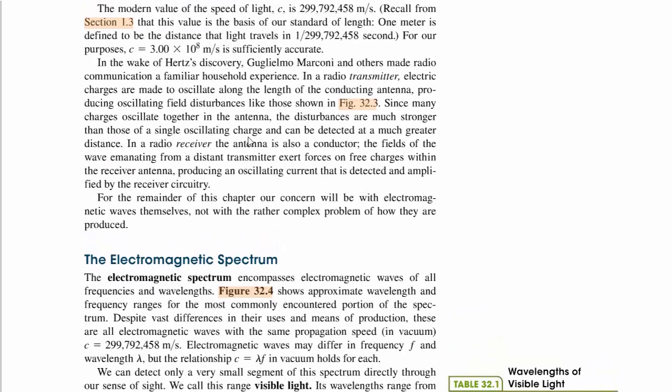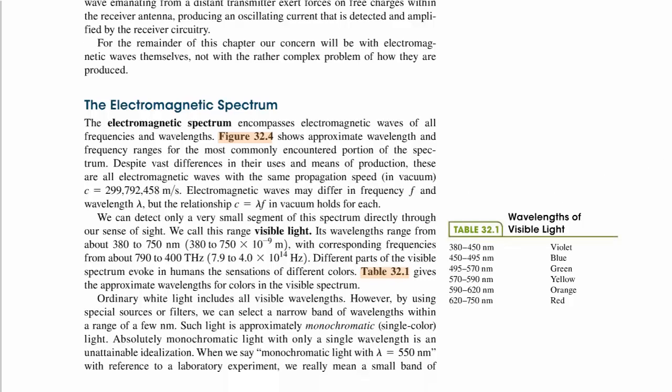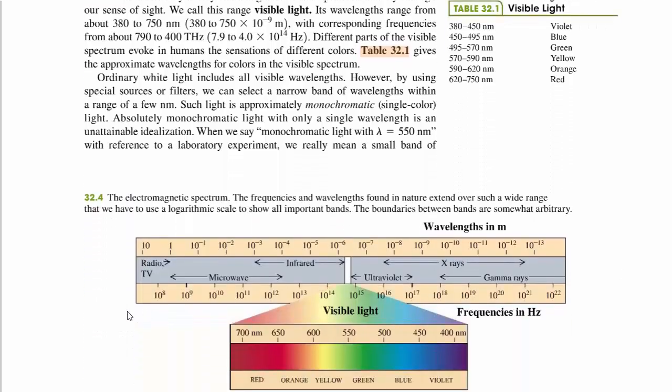Electromagnetic radiation is a wave, and therefore it looks like all waves: they have wavelength and frequency, and the speed of the wave is the product of the wavelength and frequency. So all electromagnetic radiation in vacuum travels at speed c, but it can have different lambda and f. As the frequency gets bigger in our electromagnetic spectrum going this way, the wavelength gets smaller and smaller.